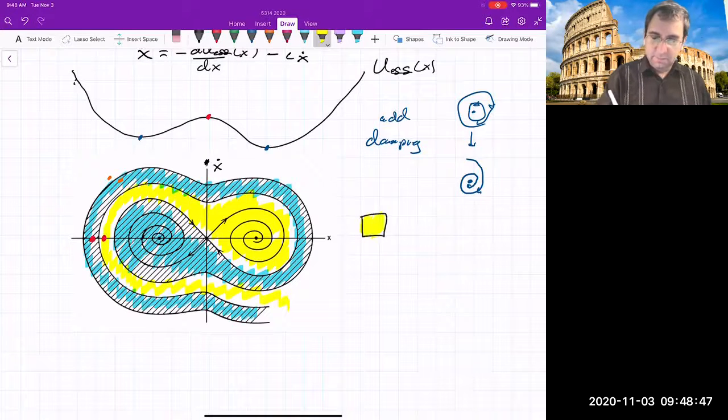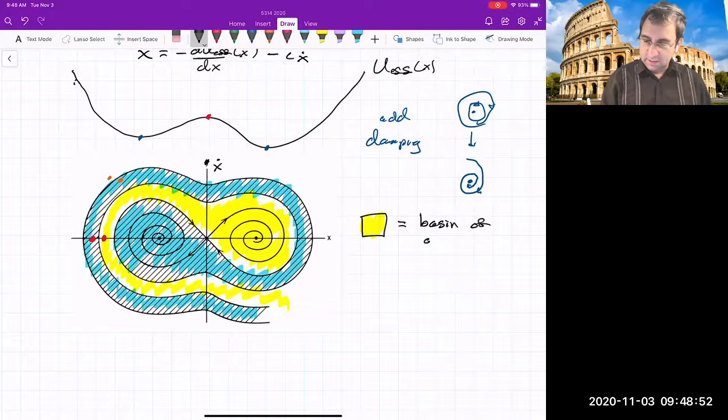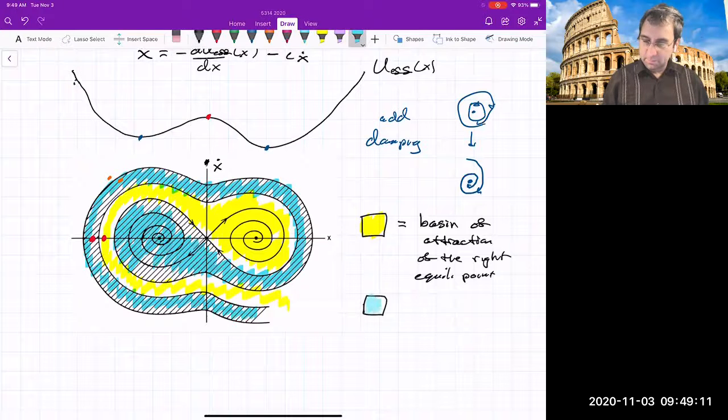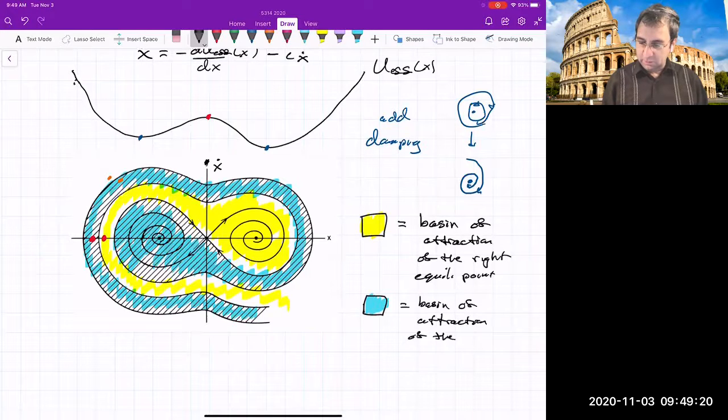Everything that's yellow, we say it's the basin of attraction, meaning things will end up there, at the right stable equilibrium point. And then in blue, this is the basin of attraction of the left equilibrium point.